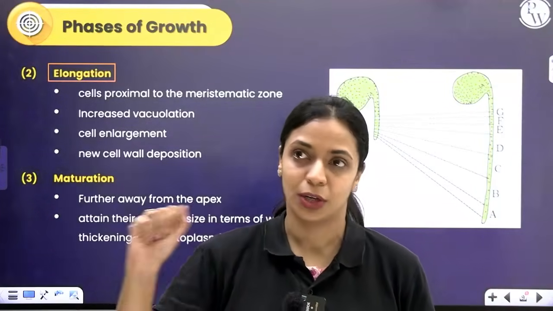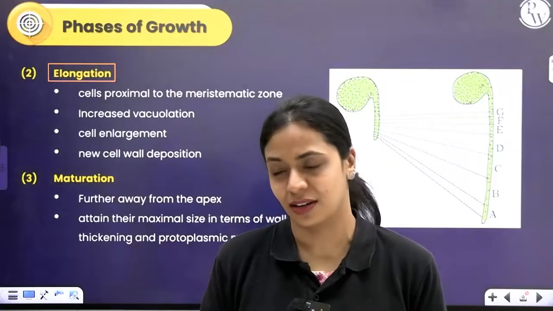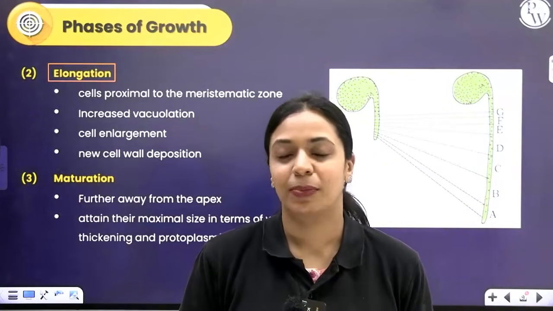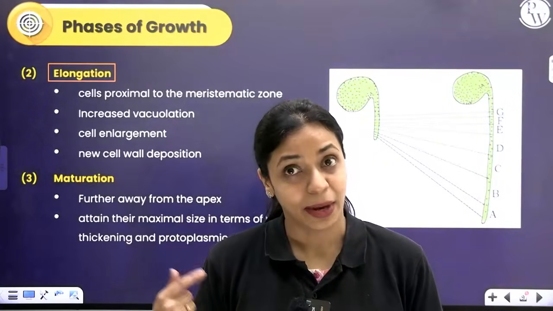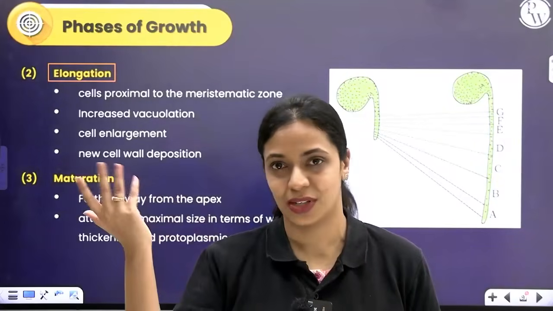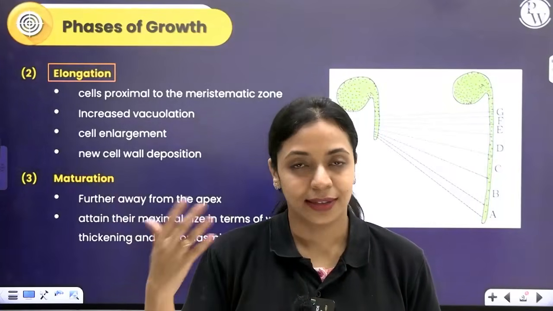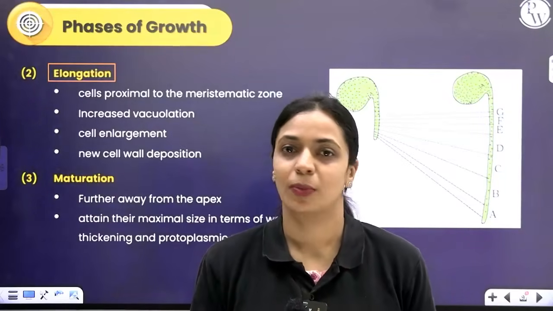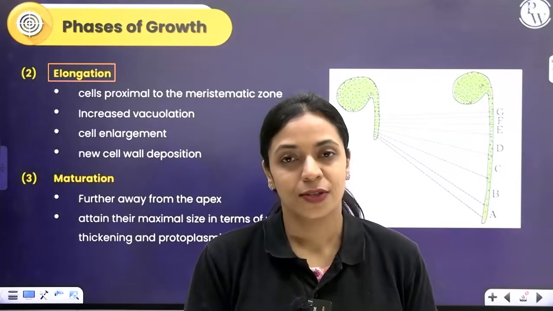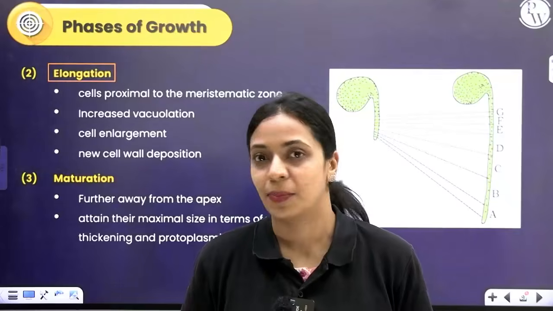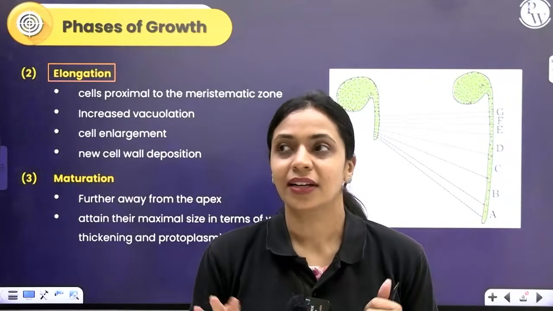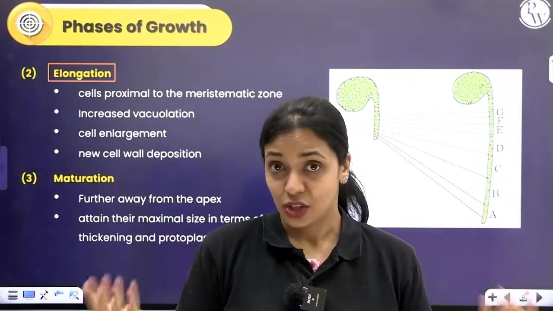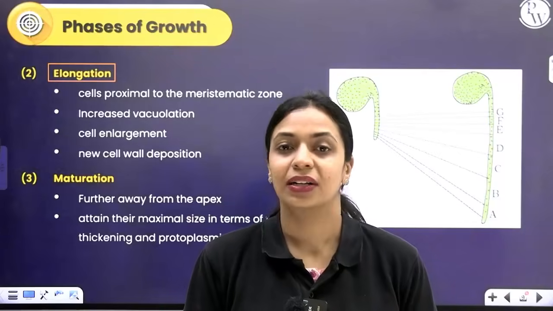One cell will be like, I want to provide mechanical support, and it will become sclerenchyma. Another cell will be like, I think I really might enjoy performing photosynthesis. It becomes like chlorenchyma in the leaf. Another cell might be like, I think I do a good job conducting water, and it probably becomes one of the cells in the xylem. So different cells stop dividing and take up permanent functions in the plant, right? So when they stop dividing, they enter a phase called the elongation phase.